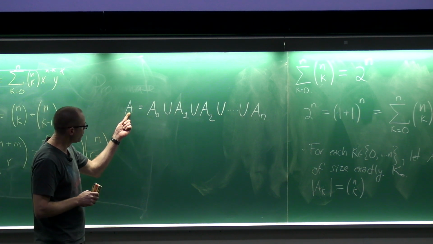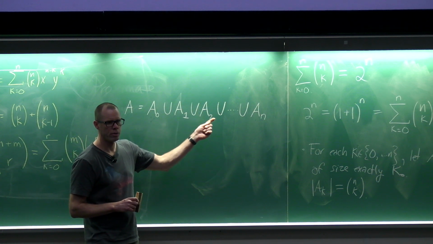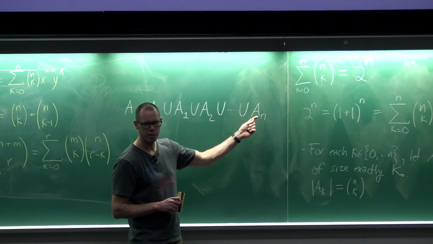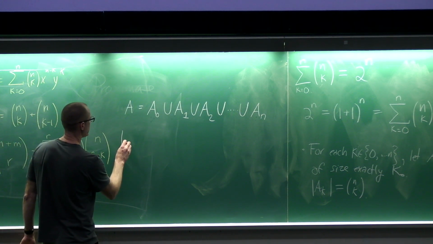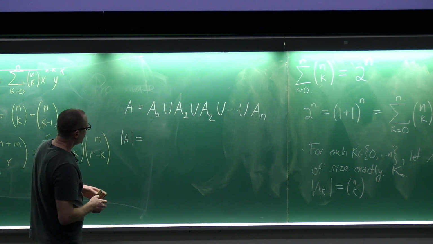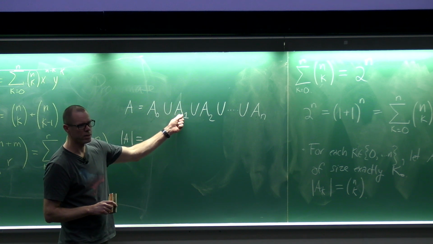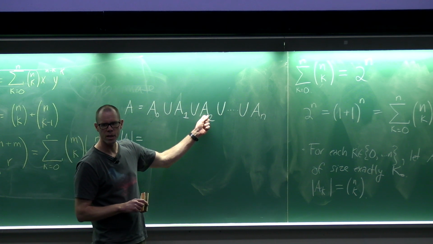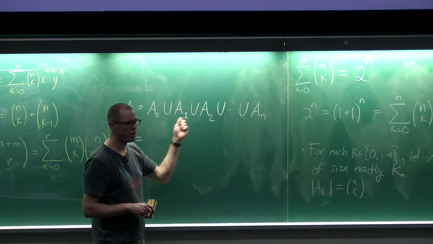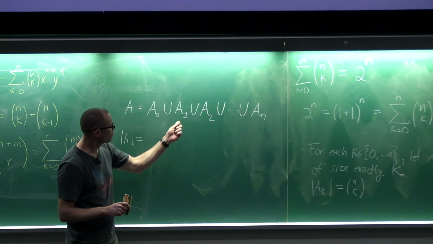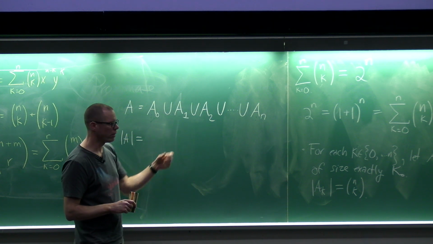If I'm interested in all the possible subsets of S, well, some of them have 0 elements, some of them have 1, some of them have 2, some of them have 3, some of them have n. And that means that the size of A, now this thing contains only sets of size 0, this thing contains only sets of size 1, this thing contains only sets of size 2, this one contains only sets of size 3, and so on. That means they're disjoint. Right? A set of size 1 is not also a set of size 2, so these are definitely disjoint things.